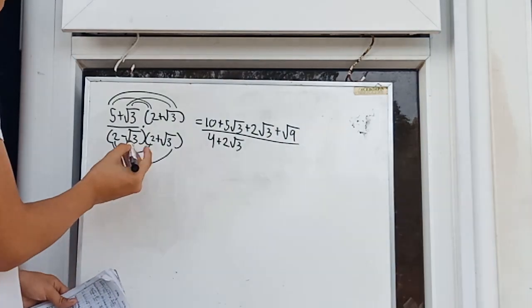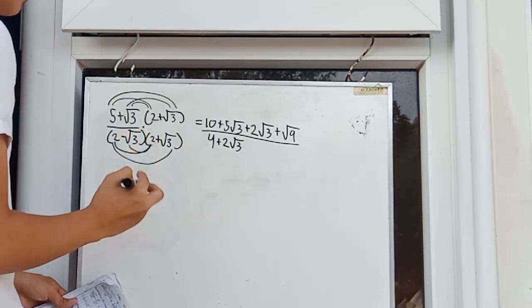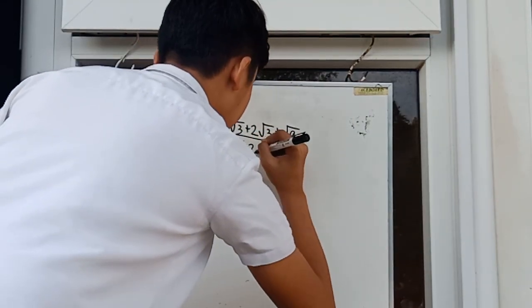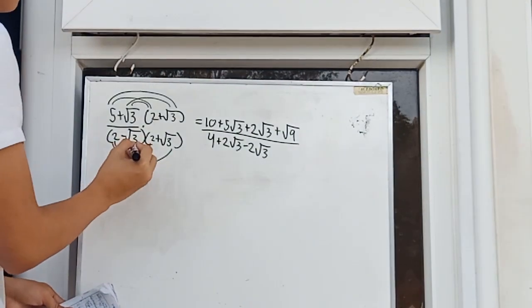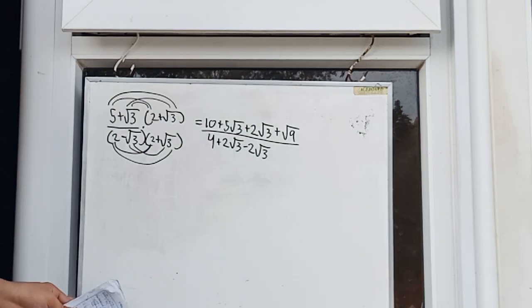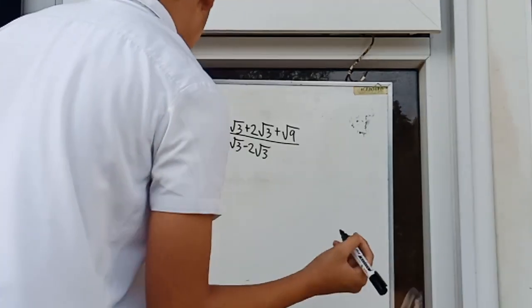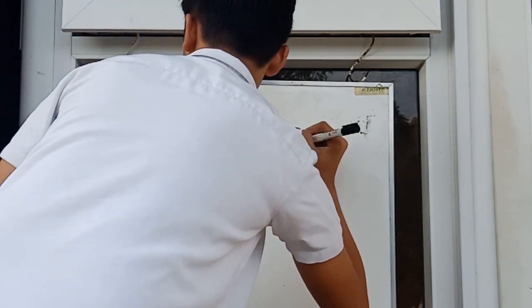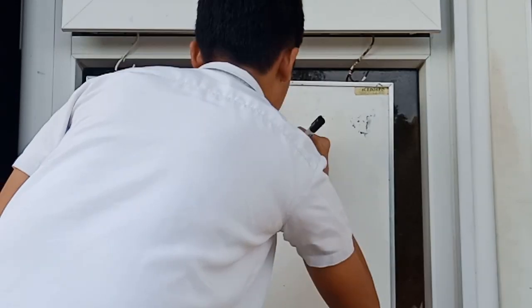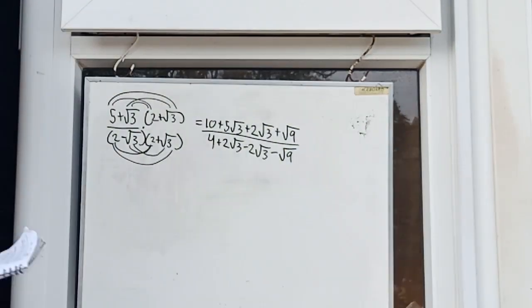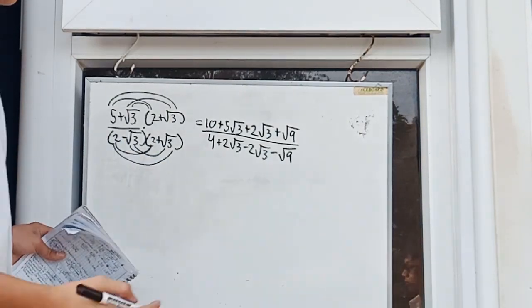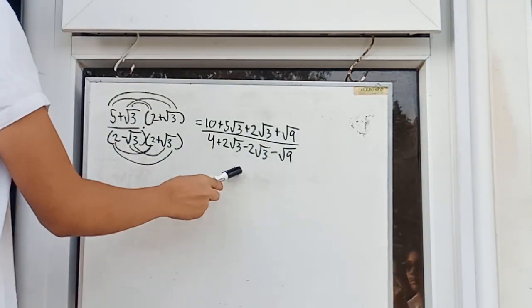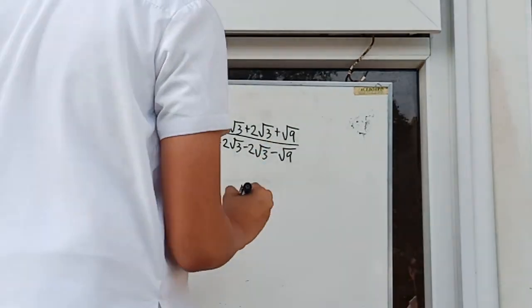Now, negative square root of 3 times 2 is negative 2 square root of 3, and negative square root of 3 times positive square root of 3 is going to be negative square root of 9. So now, this is obviously not the final answer, so let us just simplify this.